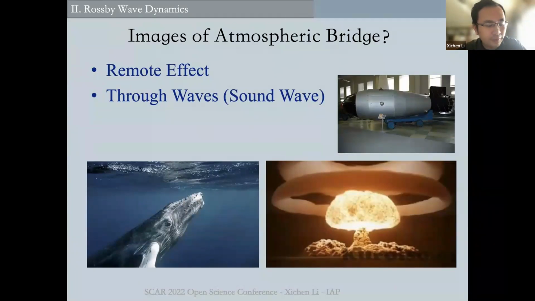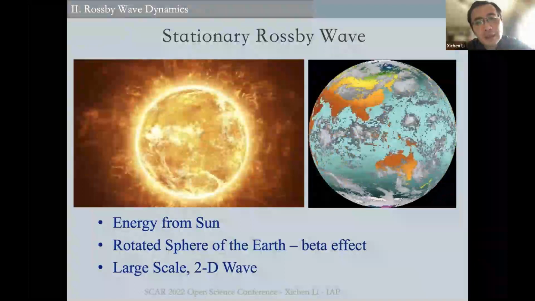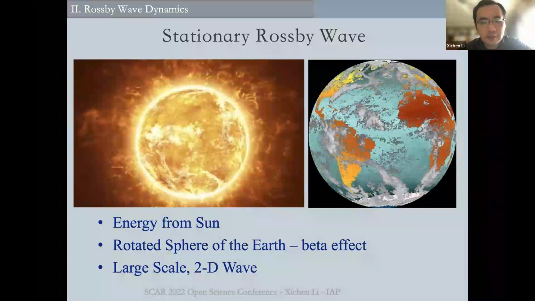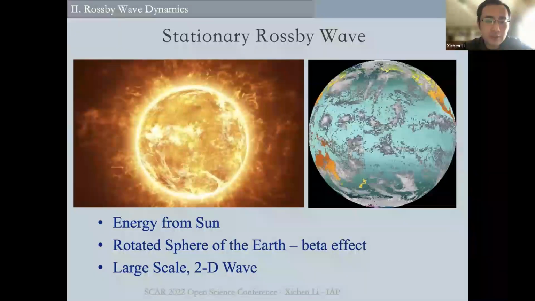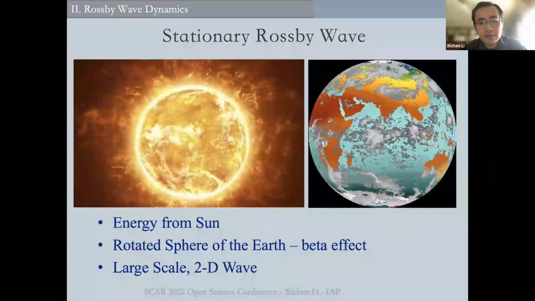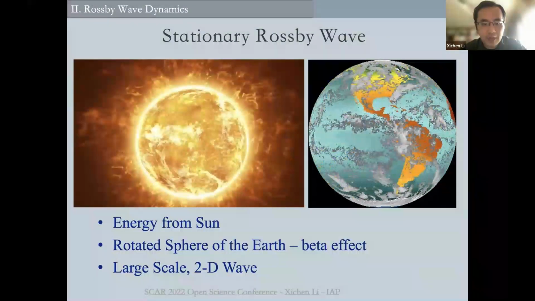So whether the teleconnection is powerful enough, or whether it can propagate a very long distance, actually depends on the initial perturbation, or the energy, of this teleconnection. In the climate system, for the atmospheric teleconnection, the energy comes from the sun, so it's much more powerful than the nuclear bomb.